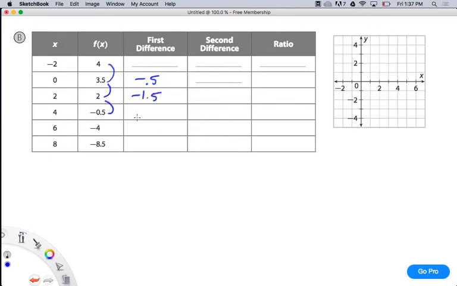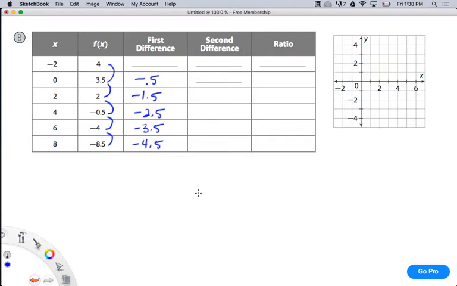Negative 0.5 minus 2 is negative 2.5. Negative 4 minus negative 0.5 is negative 3.5. And negative 8.5 minus 4 is negative 4.5. A lot of you guys can probably already see a pattern there. But that's how we find our first difference.